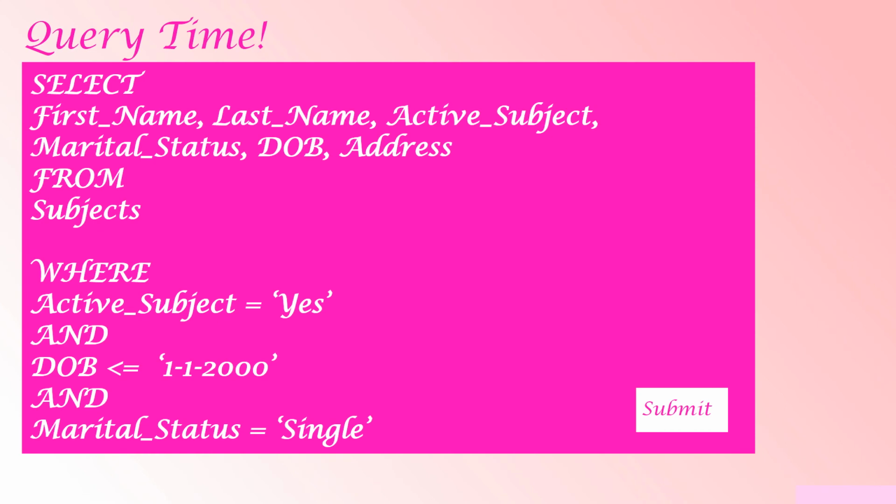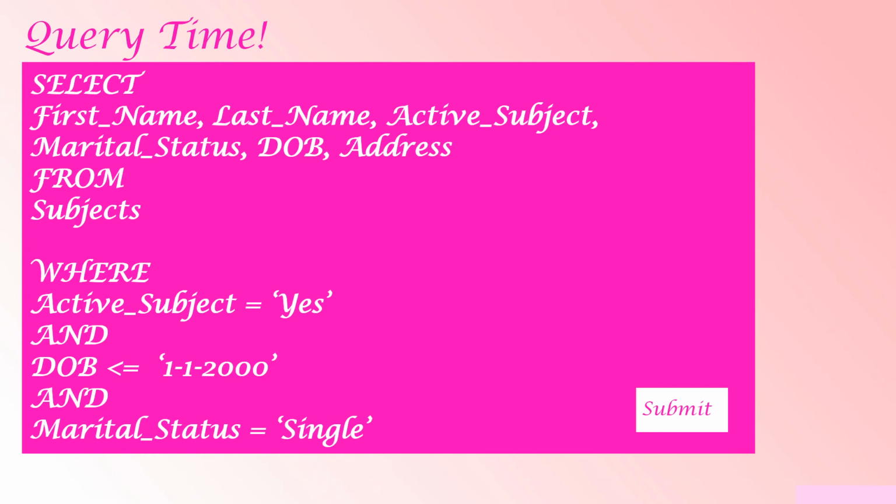If we want each condition to be true, we will use the word and. In this case, we want subjects that are single and active and over the age of 18 or 18 on the party date. So we want each of the conditions to be true. So we'll use and between each one. So our query would look like this.